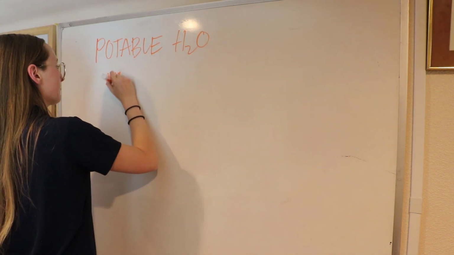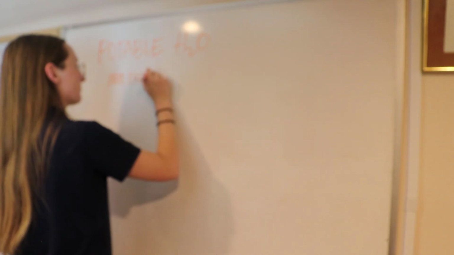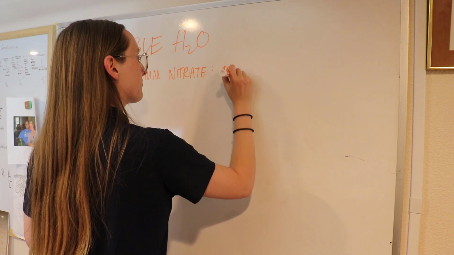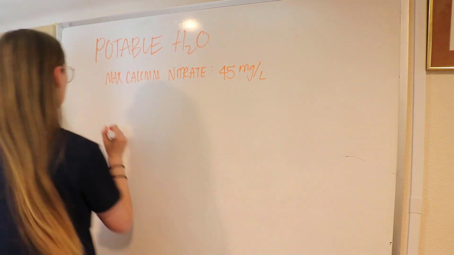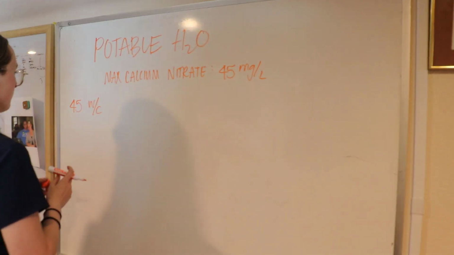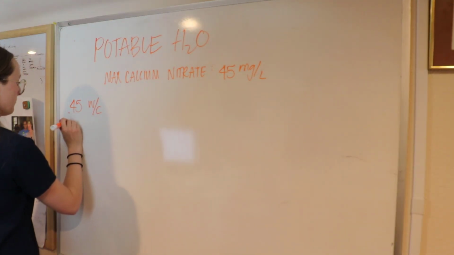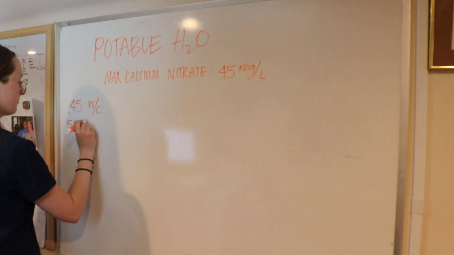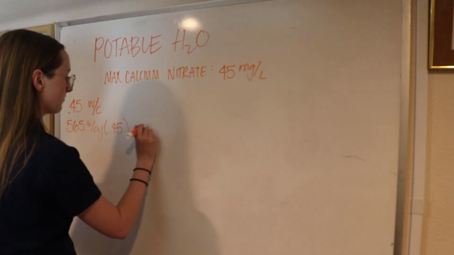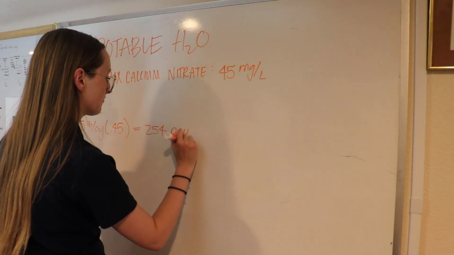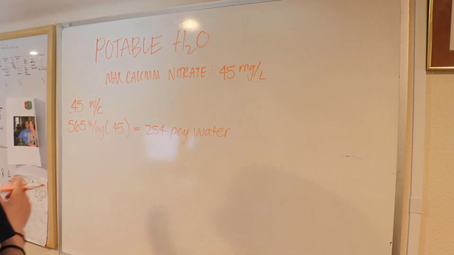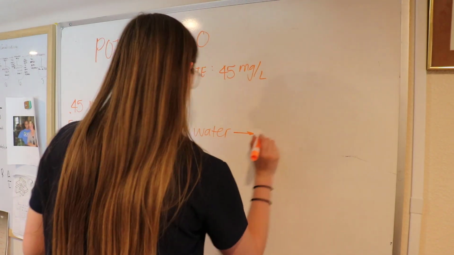When I say potable water, I'm assuming that the maximum calcium nitrate we're allowed to have is 45 milligrams per liter. Assuming a 0.45 water cementitious ratio, 564 pounds per cubic yard times 0.45 gives us 254 pounds per cubic yard of water.